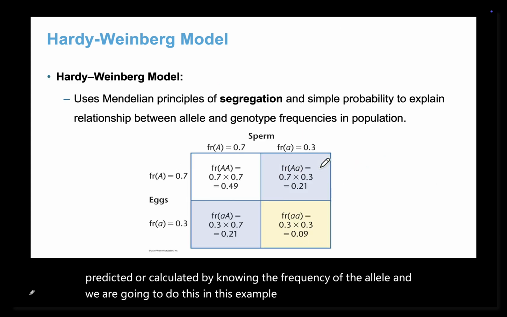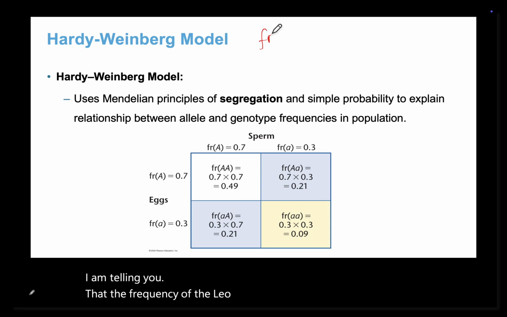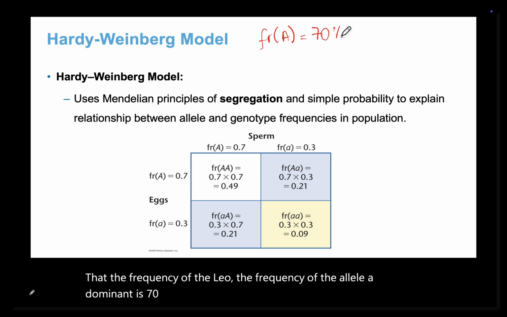So here, I am telling you that the frequency of the allele A dominant is 70%, which is represented here.